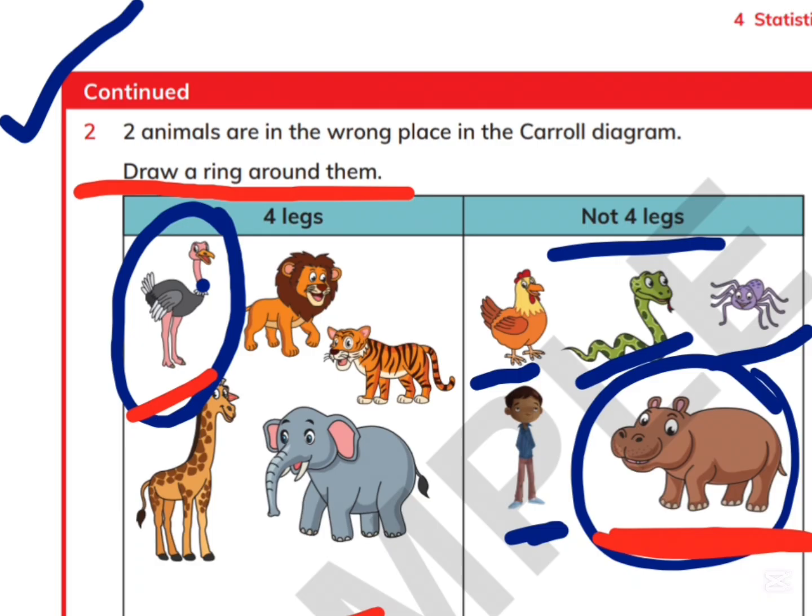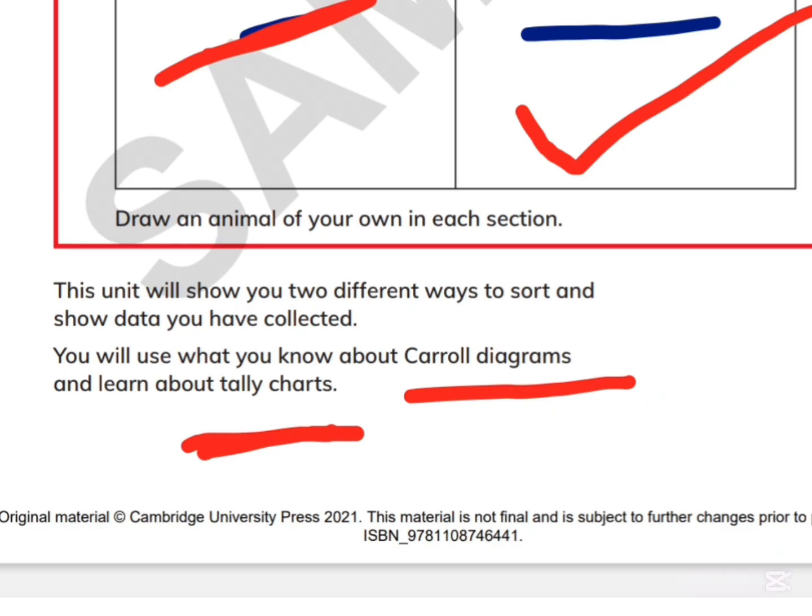what is next? This unit will show 2 different ways to sort out the data you have collected. You will learn about Carroll diagrams and tally charts. Tally charts are again a very simple thing, but it is a different way of writing.